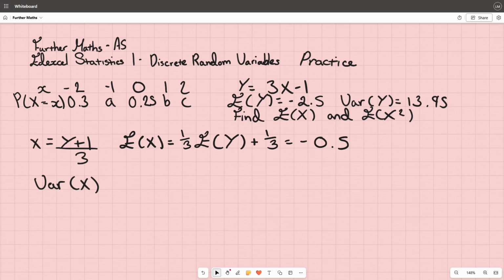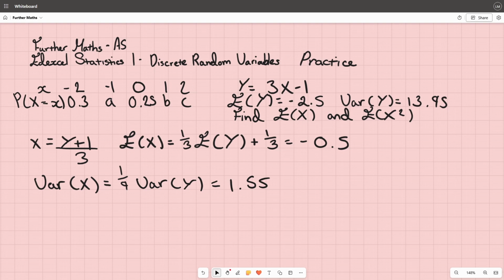So the variance of x is equal to 1/3 squared, so that's 1/9 of the variance of y. And that is equal to 1.55. So now we have the variance of x.